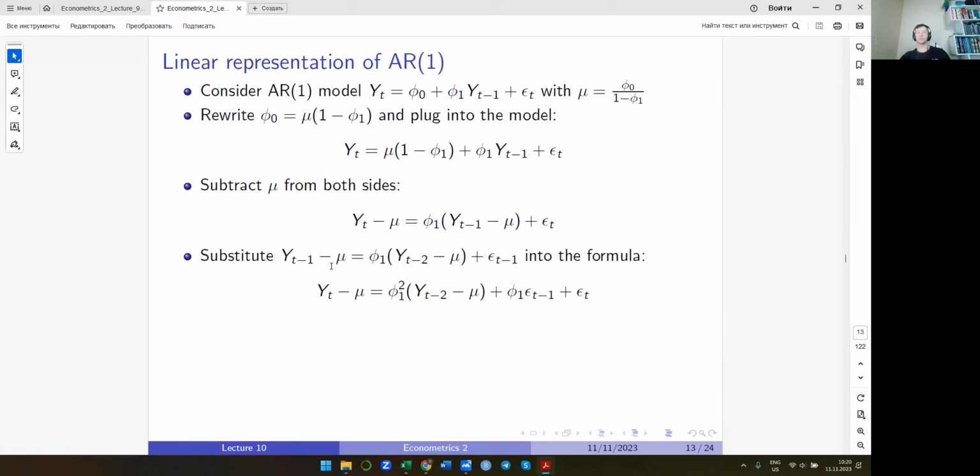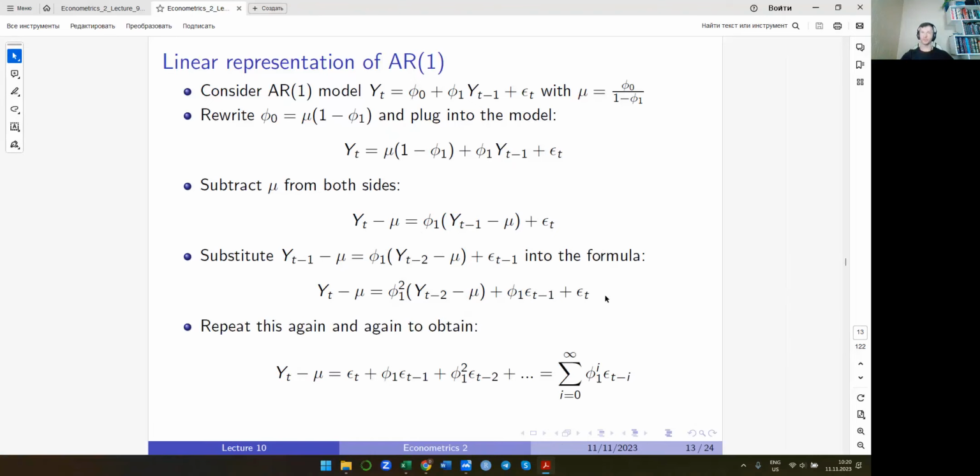Then we substitute for the previous period, yt minus 1 minus mu, which is phi1 times yt minus 2 minus mu, into the formula. We get the following thing. So we take this and we recursively write down what yt minus 1 minus mu is according to the same rule. So this is phi1 squared times yt minus 2 minus mu plus phi1 times epsilon t minus 1 plus epsilon t.